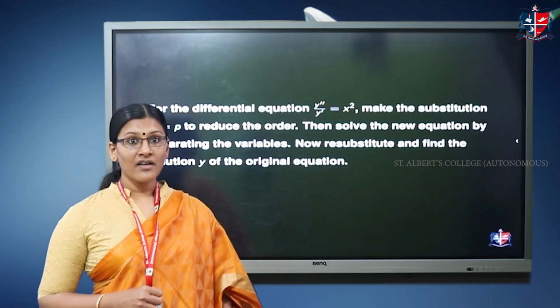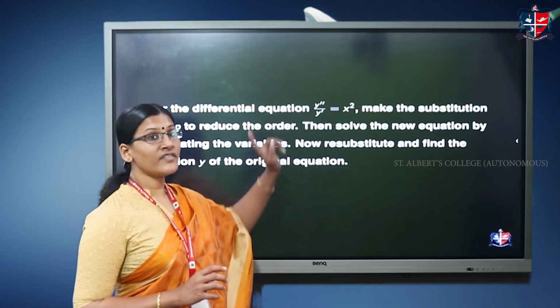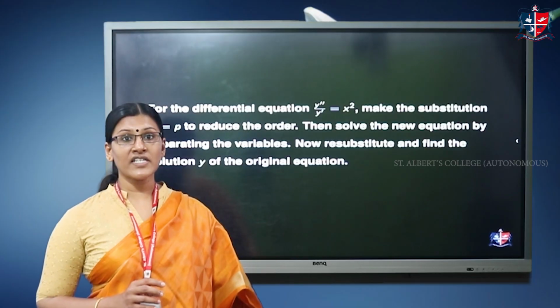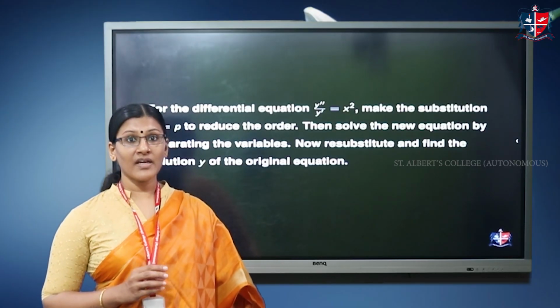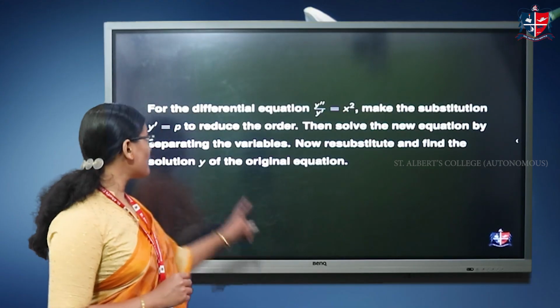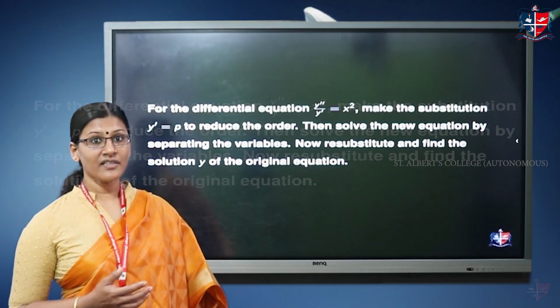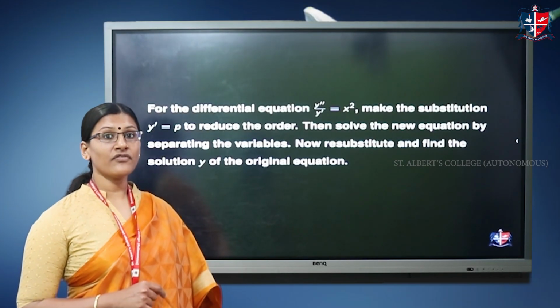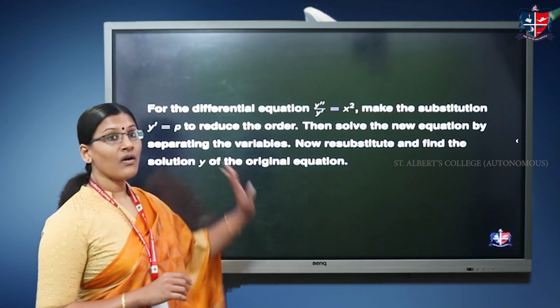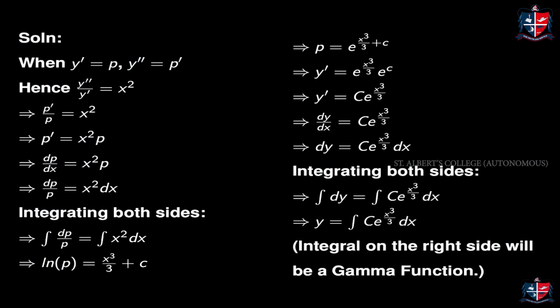For that, we will do some substitution, y dash equal to p, and reduce the order to 1, making it a first order ODE. Then we have to solve that equation and finally find the solution of the original given equation. We will move on to the solution.